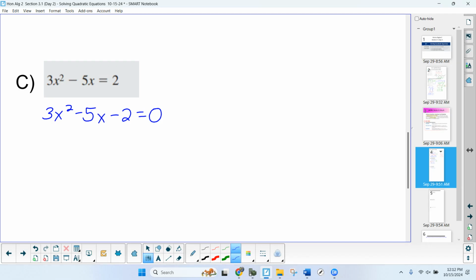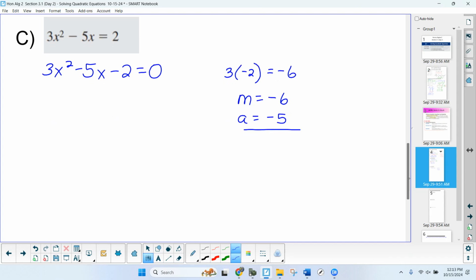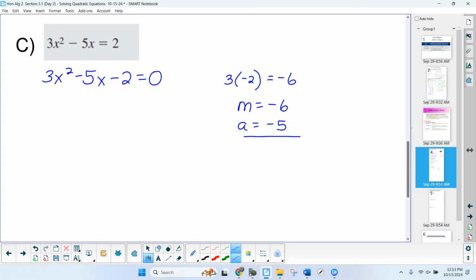So what do we do when we have a trinomial, Olivia, and A is not 1? You have to multiply 3 times negative 2. And what is 3 times negative 2? Negative 6. And you're going to ask yourself what multiplies to give you negative 6 that adds to give you negative 5, which is negative 6 and 1.